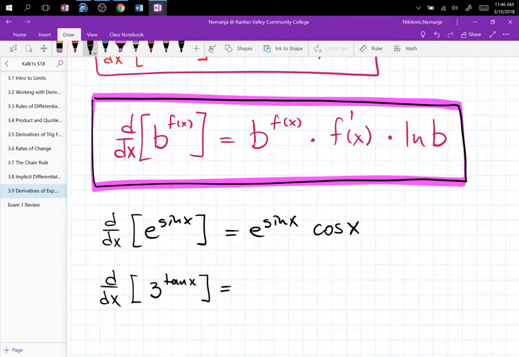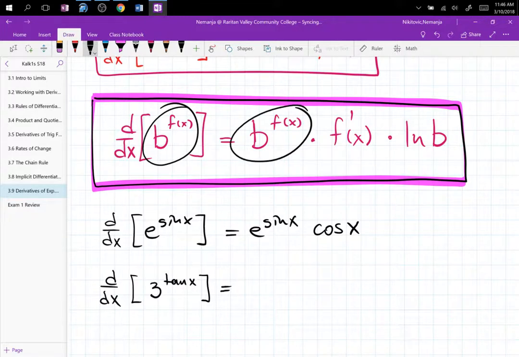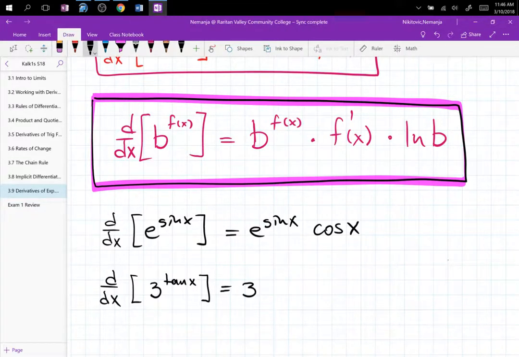Well, by the formula, we have to Control C, Control V. You copy the entire thing as is, times the derivative of the exponent, and the derivative of tangent is secant squared, thank you. And then times the ln of 3. That's ln b, the base. And that's it. So you either know the formulas or you don't. There's nothing else I can do here for you.